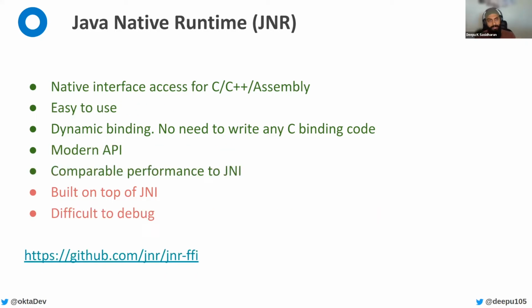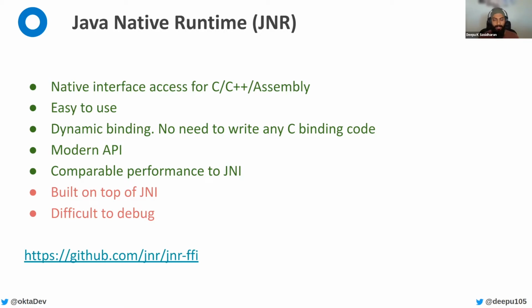There is also another popular library called Java Native Runtime, or JNR. Though it is not as widely used or as mature as JNA, it is much more modern and has better performance than JNA for a lot of use cases. All of these are based on JNI underneath. They just remove the need for you to manually write the bridging code, and give standard APIs.